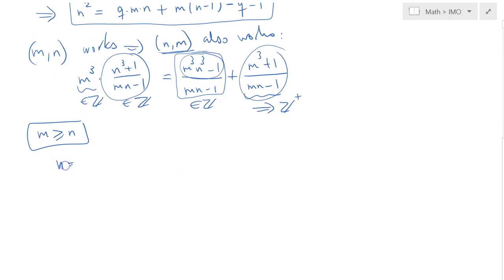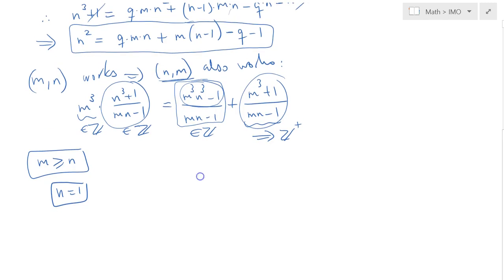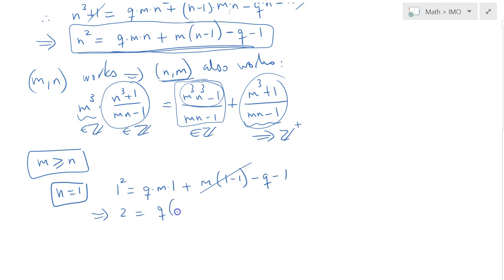Okay, so let's start with n equal to 1 in our equation. If I plug in n equal to 1, I would get that 1 squared is equal to q times m times 1 plus m times 1 minus 1 minus q minus 1. So this would imply that 2 is equal to q times m minus 1, and that's it.